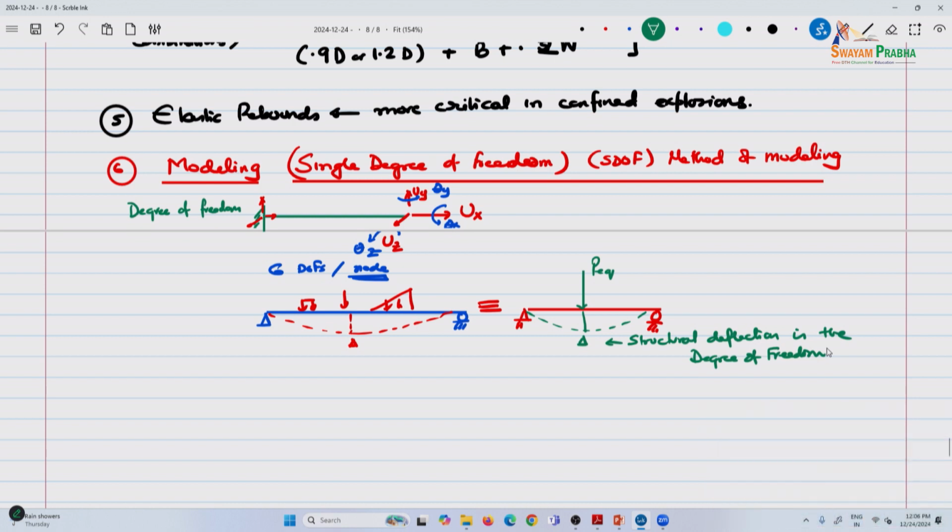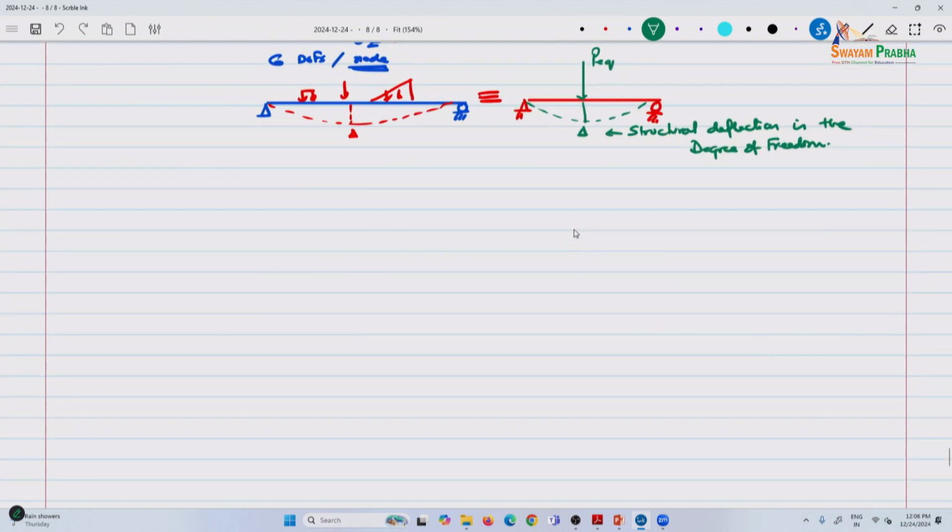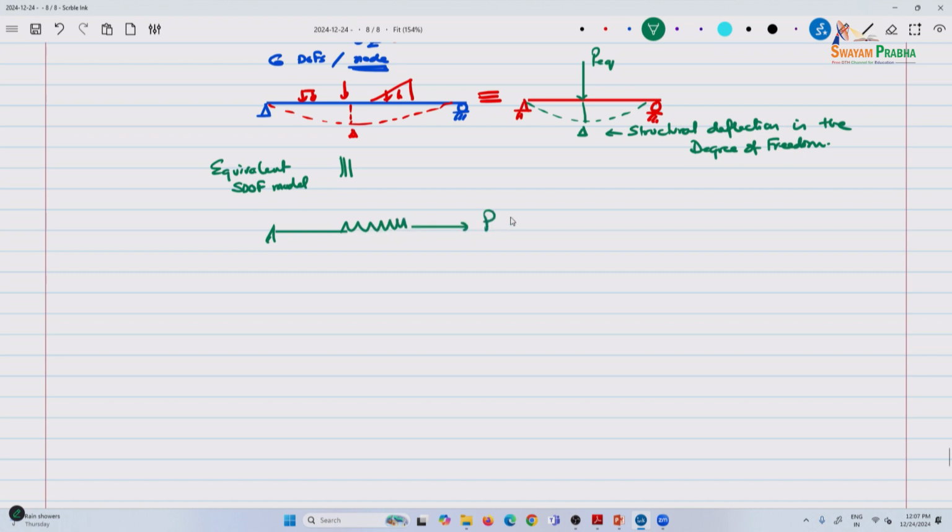And so when we take this structure and we say this is the equivalent SDOF model, we are going to convert it into a spring system with the load applied, and we are looking at the delta that is the same as here, right?